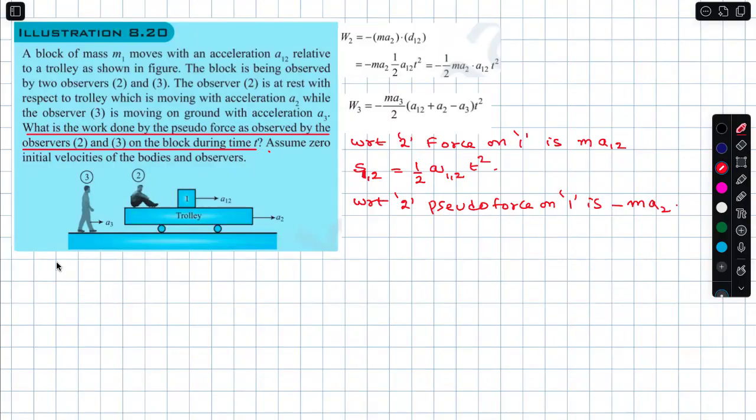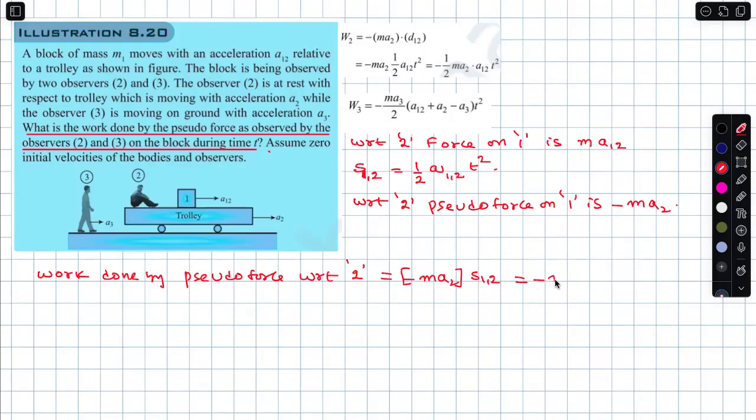So I'm answering: the work done by the pseudo force with respect to 2 is force times displacement of 1 with respect to 2, which is minus m a2 times half a12 t square. Any doubt in this?